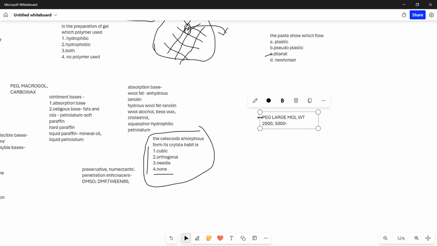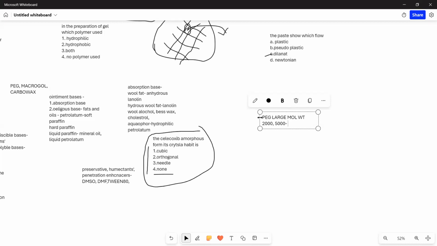Solid, liquid, or semi-solid? Large molecular weight.